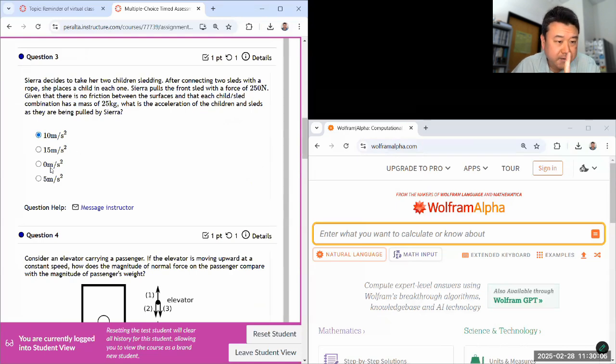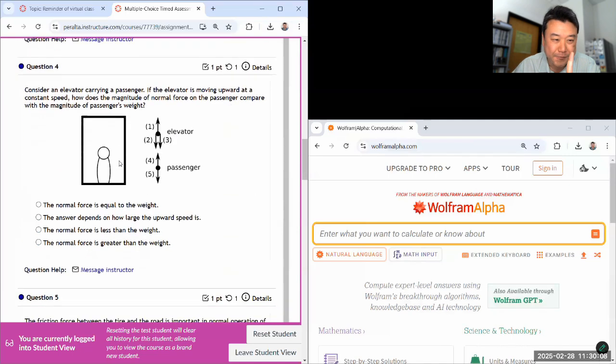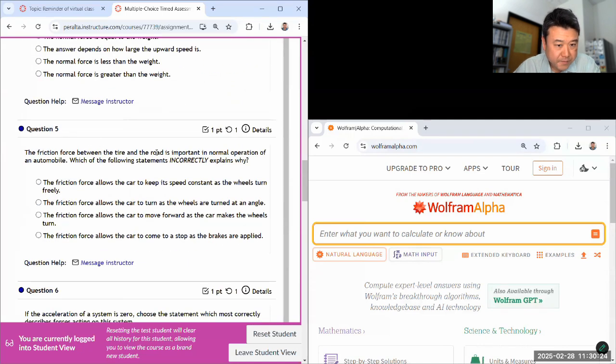That's fast, but I think that's right. Okay, there are two sleds. Yeah, I've made this mistake before. I remember it. Moving upward at a, so zero acceleration. I think that's right. Incorrectly, yeah, that's what I was describing before, the stylization of it.